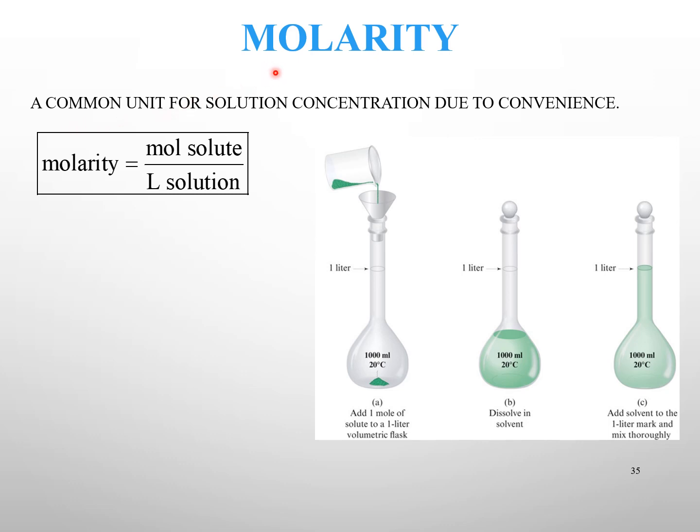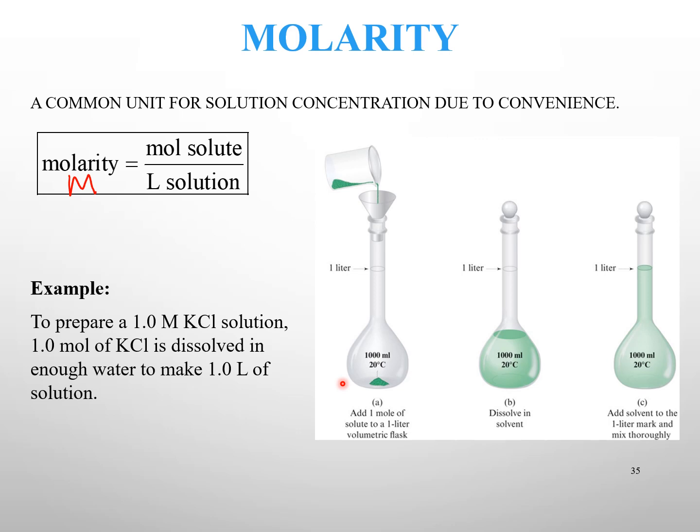So the next thing we want to talk about is the unit molarity. Molarity is capital M, and the unit is moles of solute per liter of solution. So remember, it's capital M. All right, so let's talk a little bit more about molarity. We can use it to calculate concentration, obviously. And if you want to see an example, if you want to prepare 1 molarity KCl solution, you must have 1 mole KCl dissolved in 1 liter of solution.